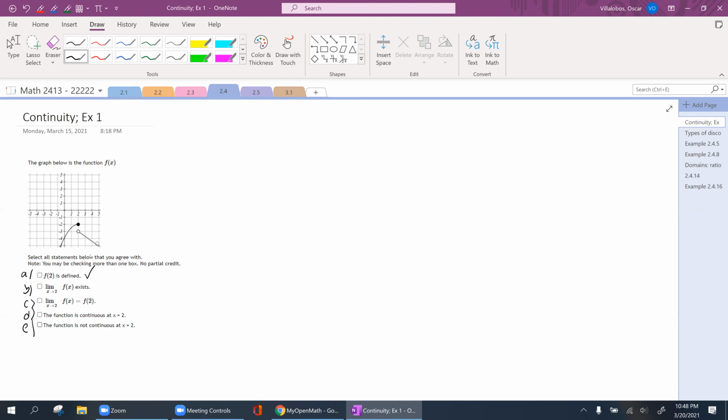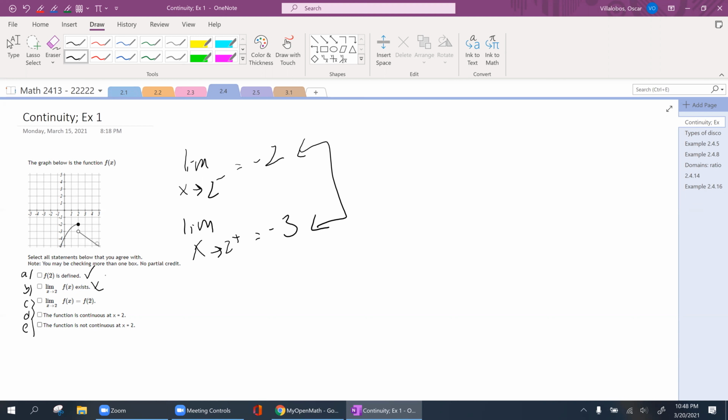I'm told that the limit as x approaches 2 of this given function exists. Well, that's not correct, because if I take the limit as x approaches 2 from the left, it gives me -2. But if I approach from the right, that ends up giving me -3. So that does not exist.